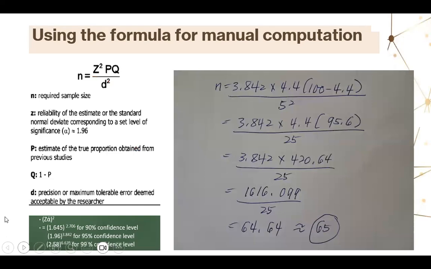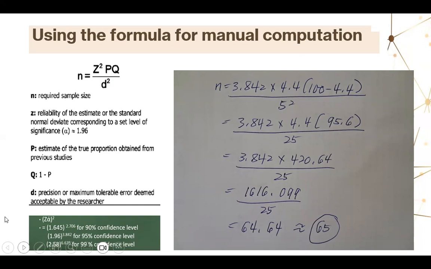Here you see the formula for the estimation of single population proportion when you try to do it manually. So the formula shows n, where n is the required sample size. n equals z squared times pq over d squared, where z is the reliability of the estimate or the standard normal deviate corresponding to the set level of significance.